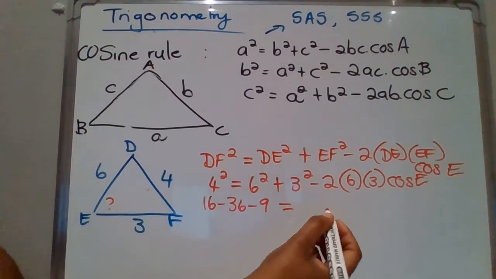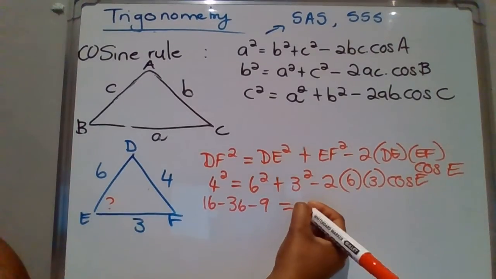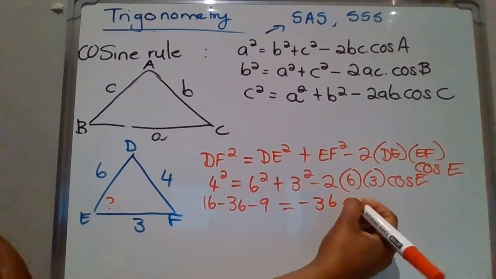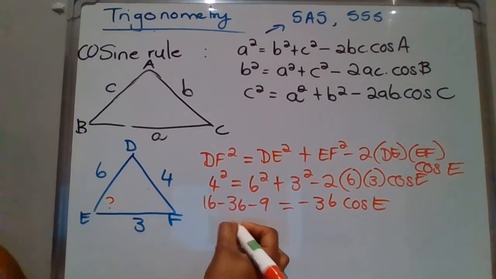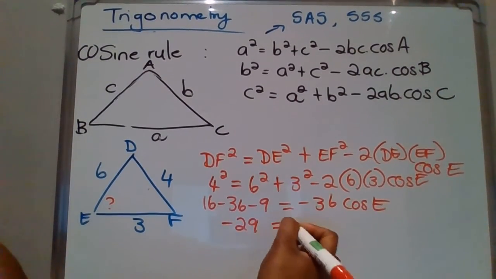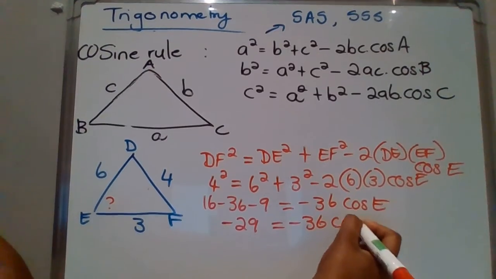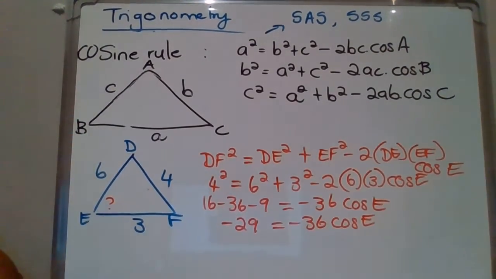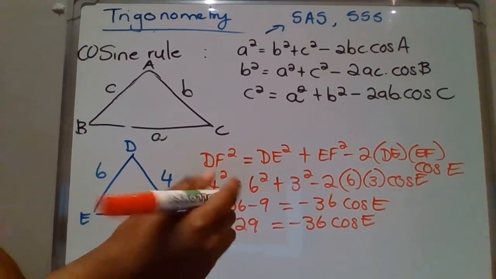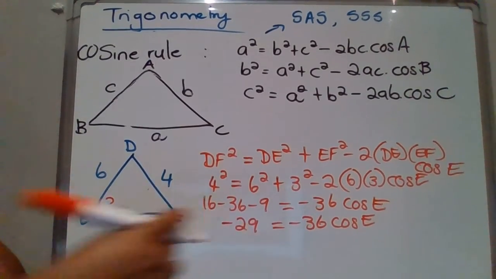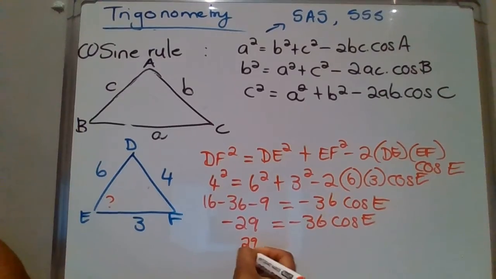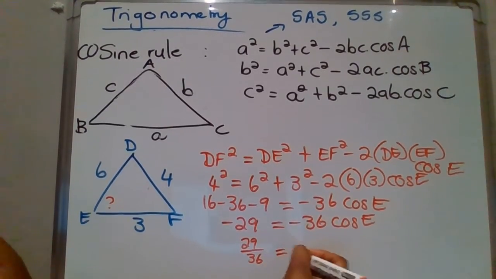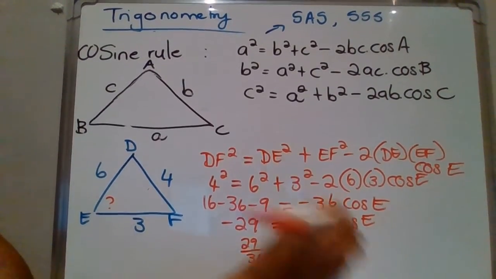It leaves me with minus 36 cos E. So on this side I have minus 29 is equal to minus 36 cos E. And then I divide by minus 36 on both sides. Then I am left with 29 over 36 is equal to cos E.